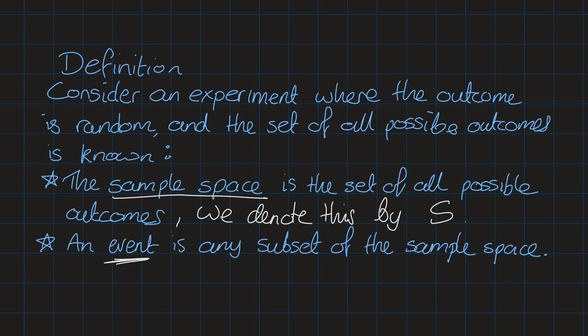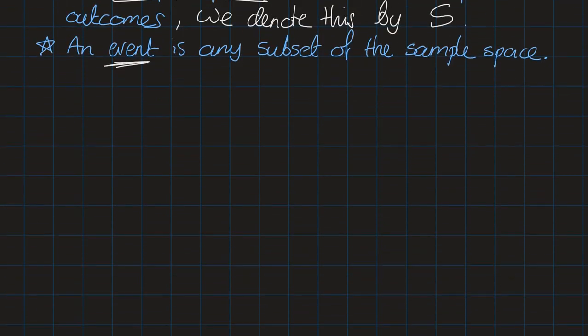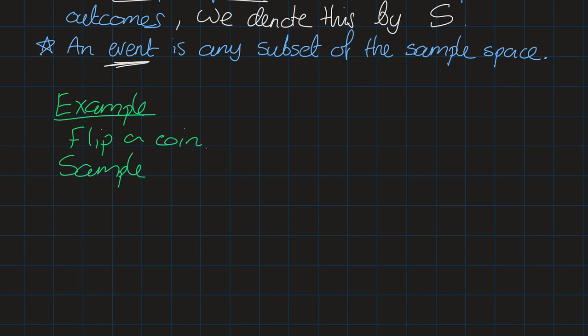So for example, if you're flipping a coin, an event could be heads or tails. In fact, let's write this down. So let's do an example right now. I'm going to flip a coin. The sample space S is going to be equal to heads and tails.